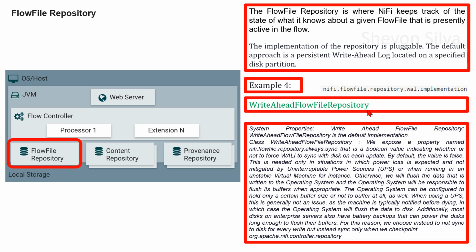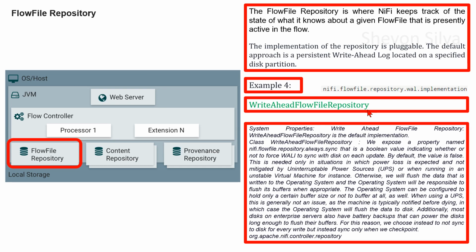This is needed only in the situation where power loss is expected and not mitigated by uninterruptible power sources, UPS, or when running in an unstable virtual machine, for instance. Otherwise we will flush the data that is returned to the operating system, and the operating system will be responsible for flushing its buffers when appropriate.